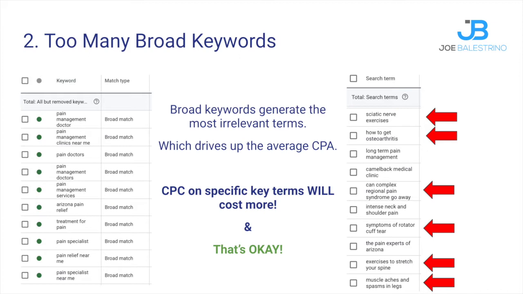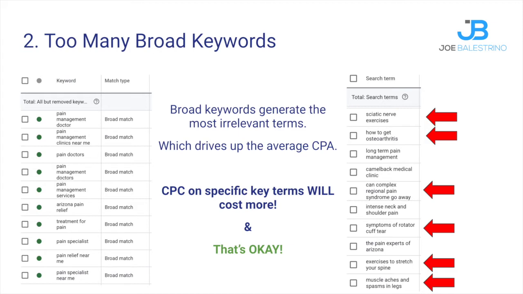And so you can see on the right column where the red arrows are that the keywords on the left generated the keywords on the right. And you can see that while some of these may be applicable, you could say somebody looking for intense neck and shoulder pain is looking for a pain doctor.